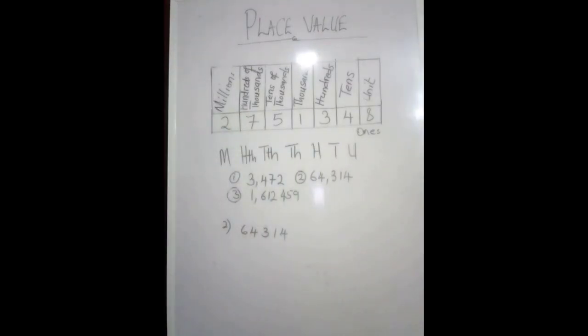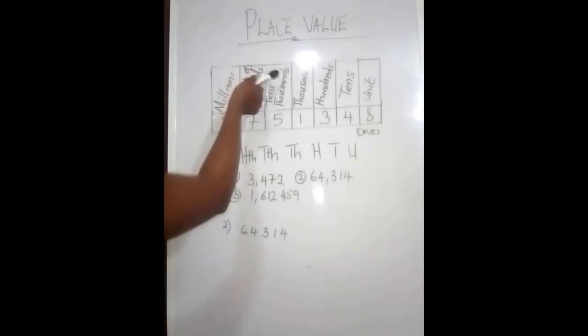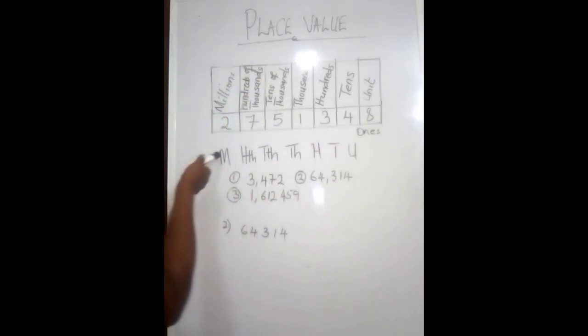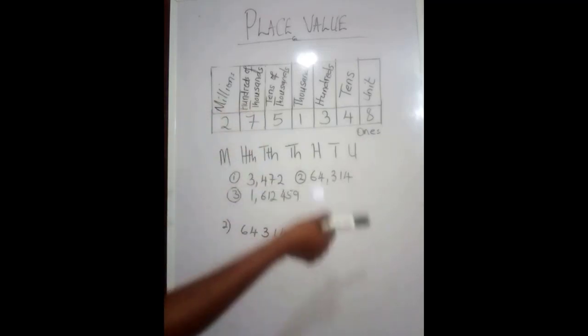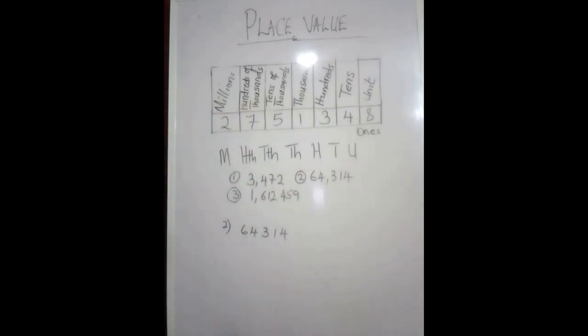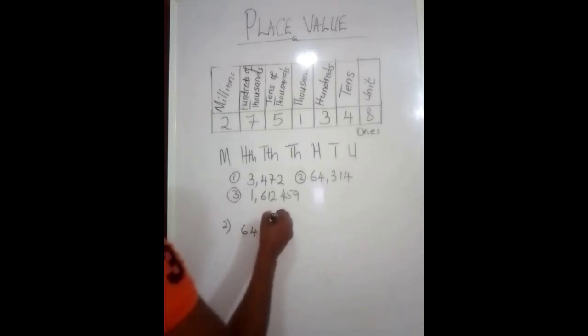Because once you master this, once you master the chart, and then even the units as they are represented and as they move from the smallest to the greatest, you won't have any problems identifying the place value of any digit in a number. Okay, so here we have 64,314. As usual, we're going to start from the extreme right in positioning these digits so that we find their place value.